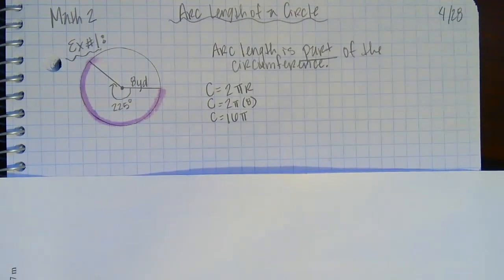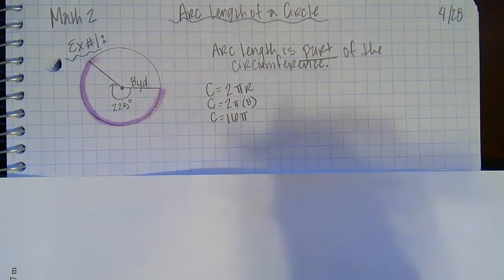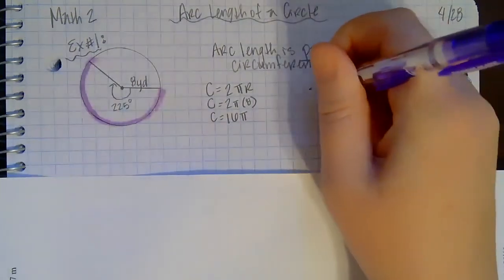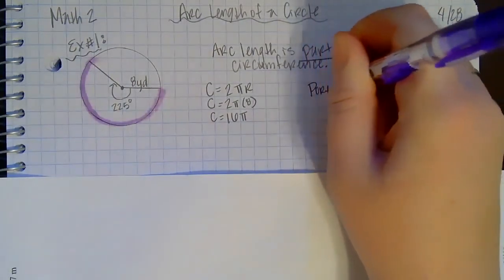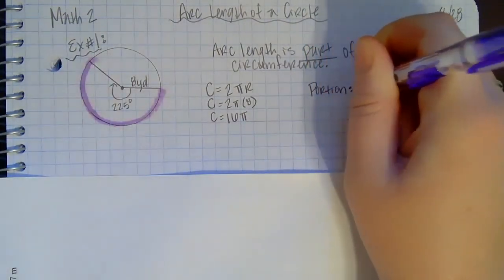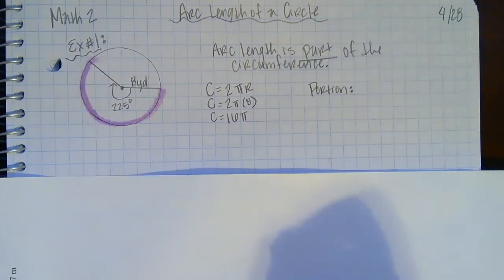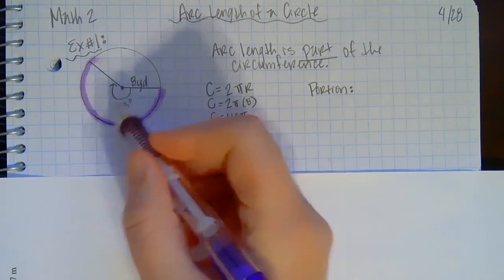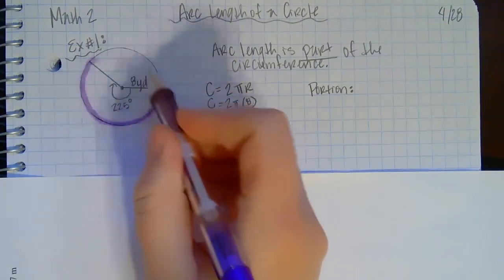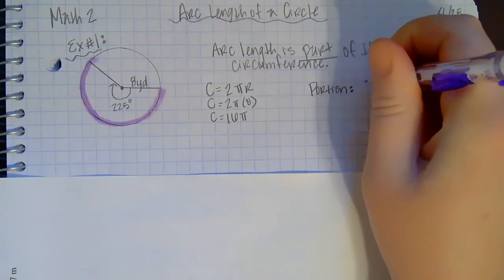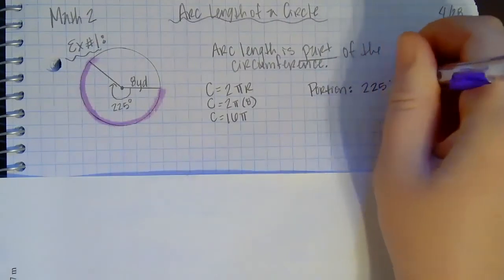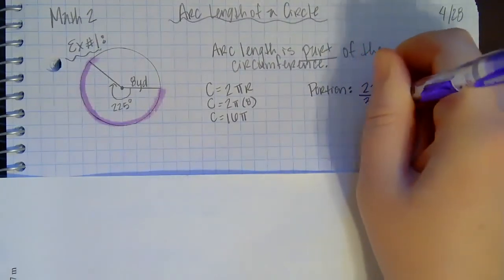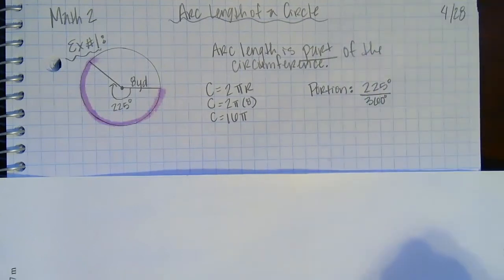Okay, now that's all the way around the circle, and I don't have all the way around the circle. I want to find out how much of the circle I have. So what I need to do is find my portion of the circle. This piece is 225 degrees out of an entire 360 degrees all the way around. That's my portion.